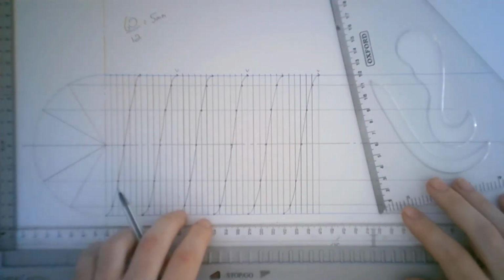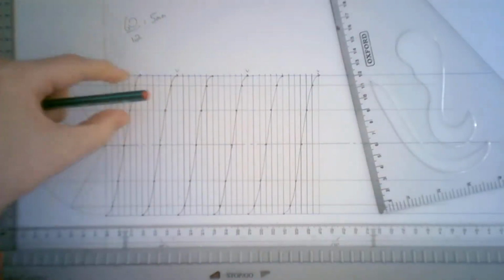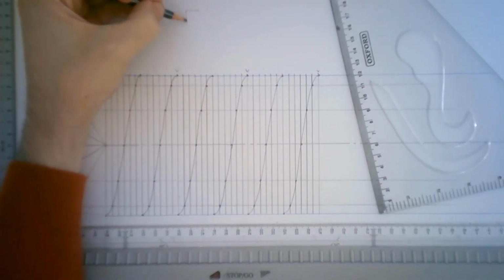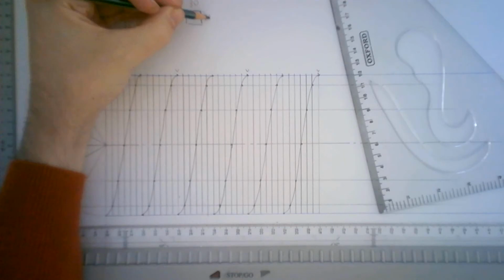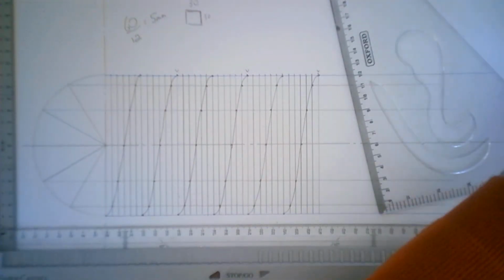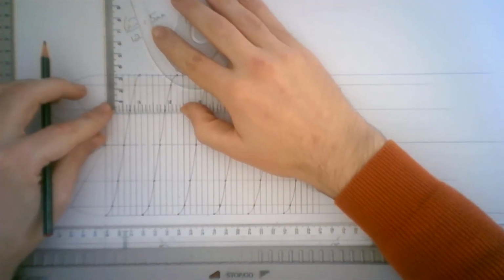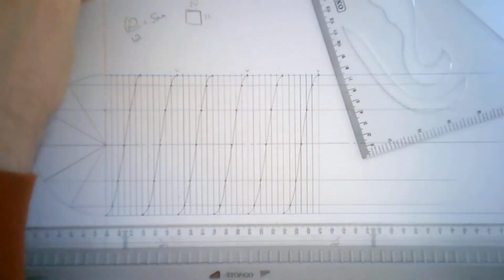Now, once these are ready, I will start with the small circle. Now, this small circle represents the depth of the tooth. So since it's a square thread, if this part is 30, the vertical height, the other part of the square, would be 30 as well. So what I will do is I will measure 3 centimeters from here. Okay, and I will repeat the process.